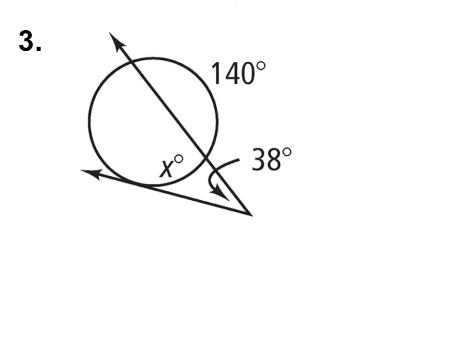Next one, right? So I know that this arc over here is 140. So that means that this other part of the circle, including the x, is 220, right? So from this point to that one, let me mark it in blue so you can see it, is x, right?